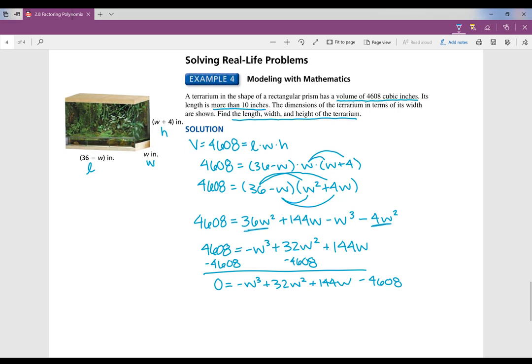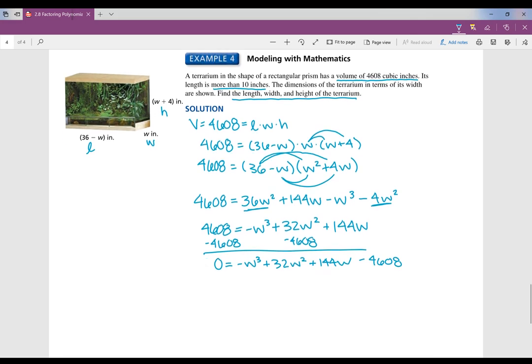Okay, and then one more thing we need to do before we start factoring is remember, anytime you have a negative in your very first term, we're going to pull that negative out so that we're left with W cubed minus 32W squared minus 144W plus 4,608. So remember, all your signs switch.